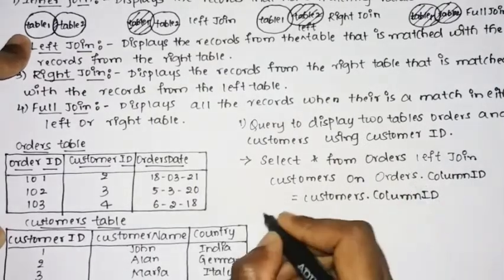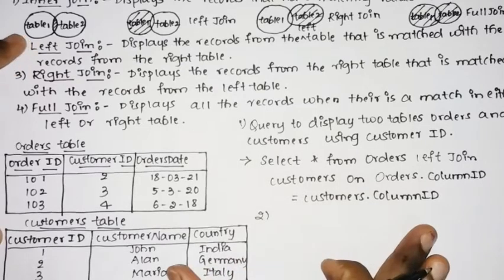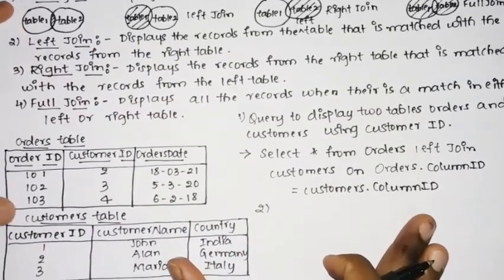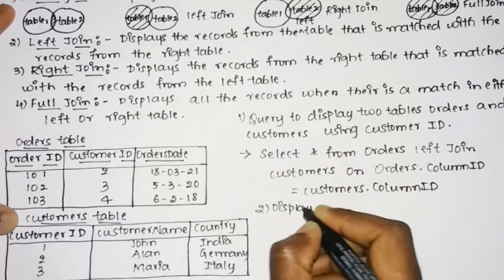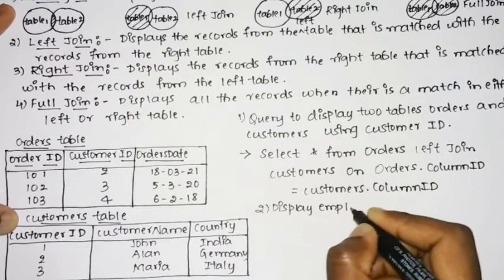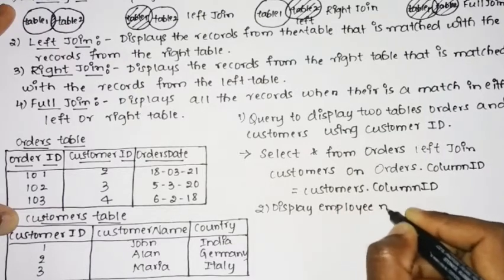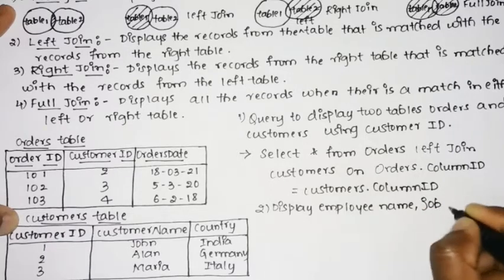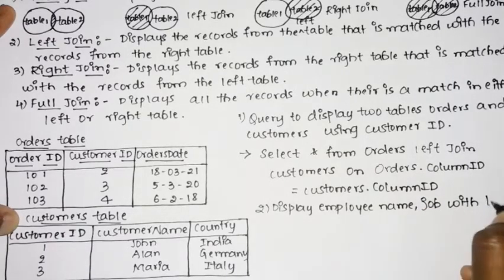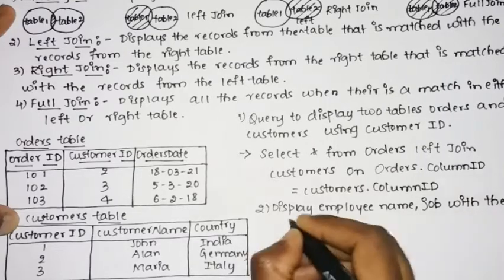Similarly, we shall write one more example using joins. You need to display the employee name, comma, job, with their department.